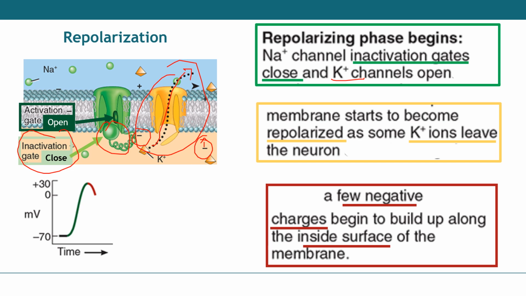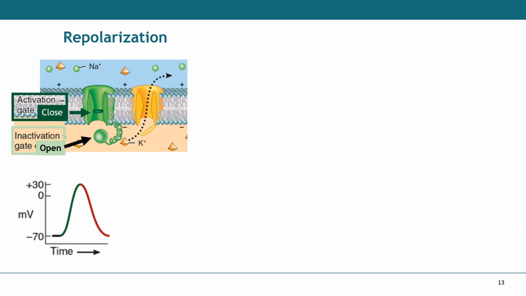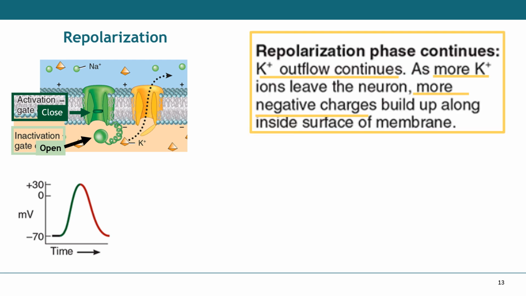Now let's see what happened at a later stage of this repolarization. So here we have the later stage of repolarization, and here what happened is that as the phases continue, you see first here they're showing you this is still open, so there is still an outflow of potassium, and the more that it leaves, the more negative the charge becomes.